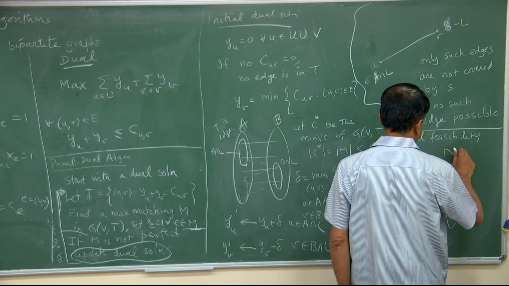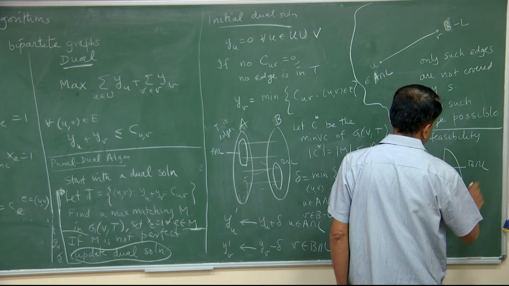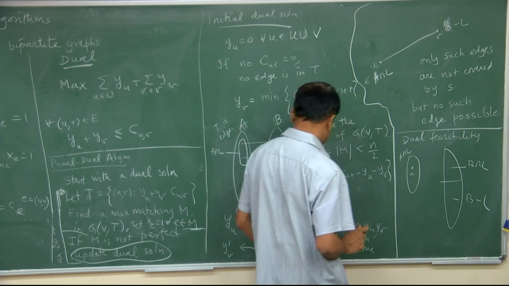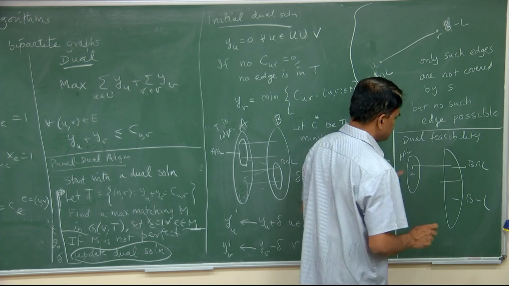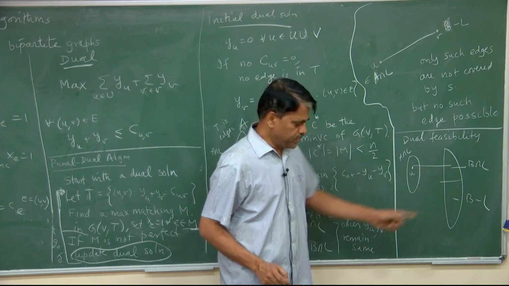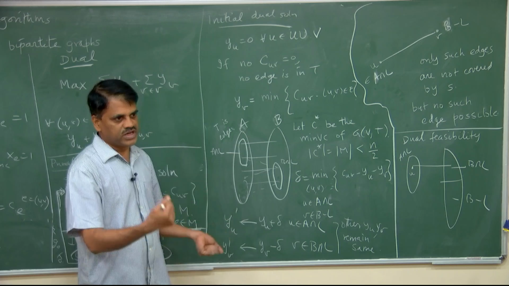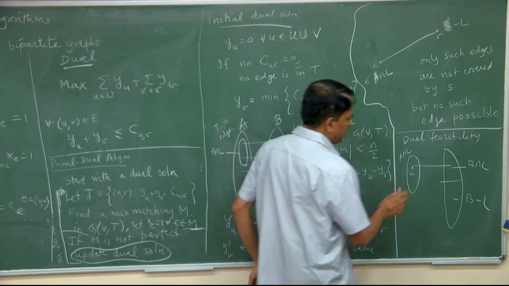So now in B, I have B intersection L and B minus L. If I look at anything in B intersection L, these edges are no problem because B intersection L points have decreased by a delta to offset this. So they will be feasible. It cancelled out, right? What about an edge here?